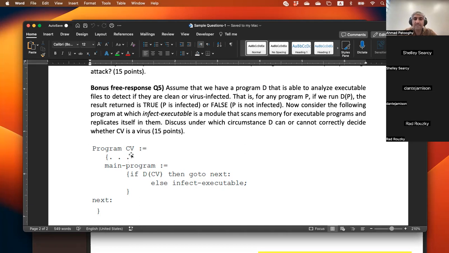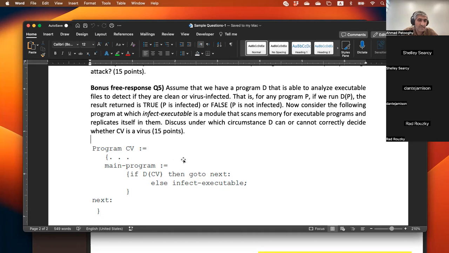But if the system is not capable of catching CV calling D, CV will be aware of these capabilities and can decide to correctly either hide himself or not hide. So in that case, CV will never be caught.